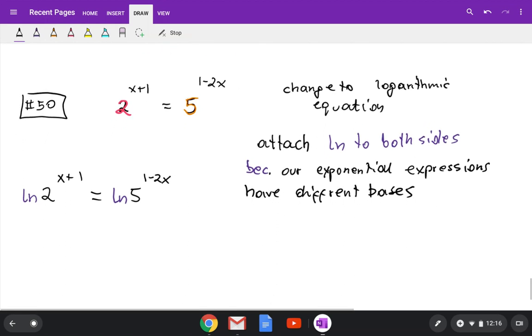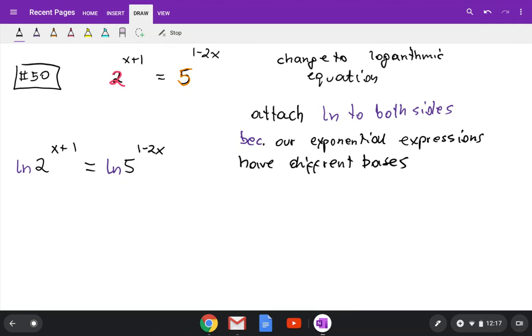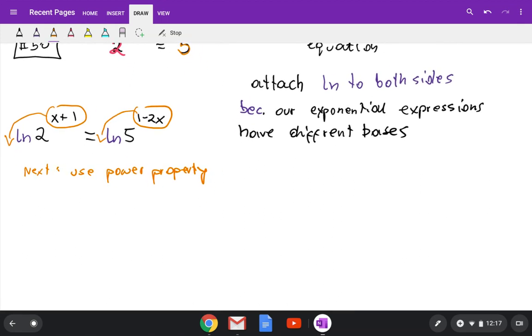Okay, next what you're going to do here? Next, we're going to apply the power property. You have a power, so you're going to move it in front of ln. Next, use the power property. We're going to move that exponent in front of ln.